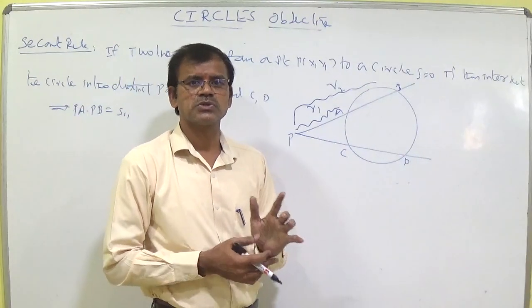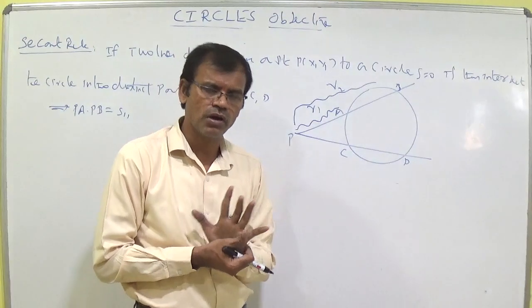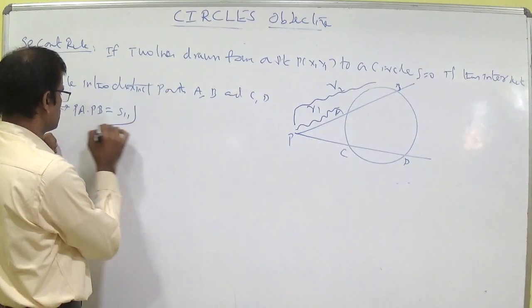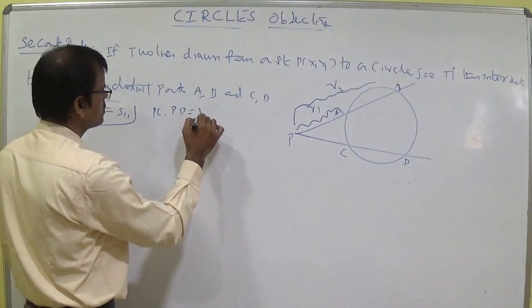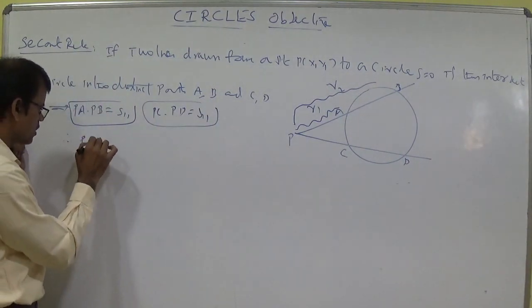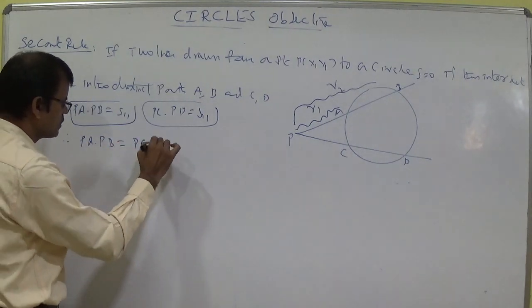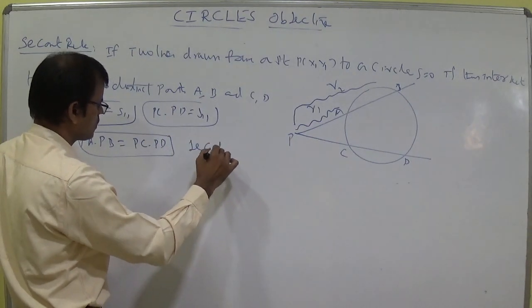By taking the quadratic equation, the product of roots, I said that R1 R2 equals S11. We got the value. We said the proof also. So PA dot PB is equal to S11 and PC dot PD is also S11. So you can say that PA dot PB is equal to PC dot PD. This is a rule, it is called the secant rule.